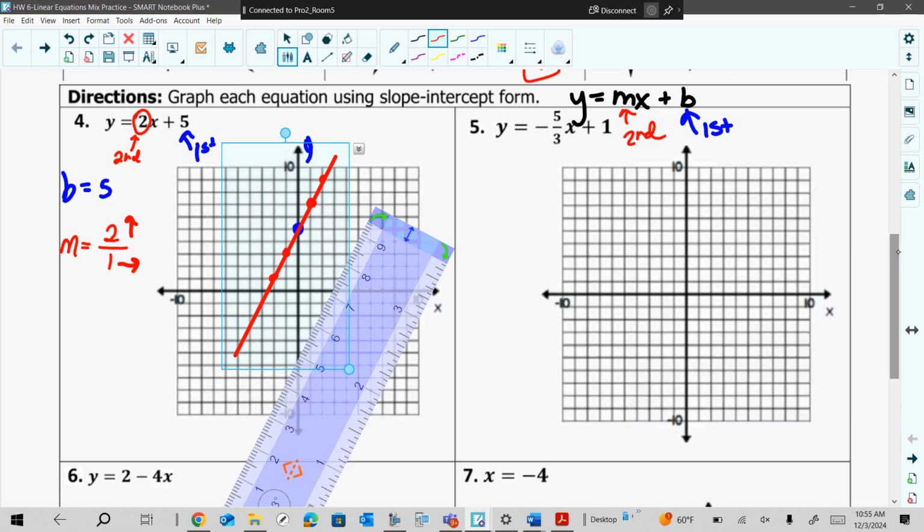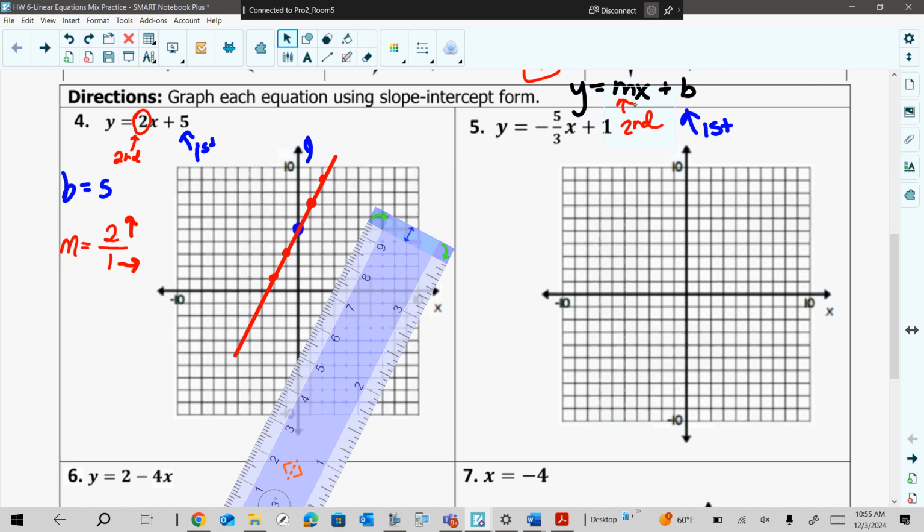So on number 5 here, there it goes. Since our b, which is what we start with, is 1, make sure we read the m correctly.